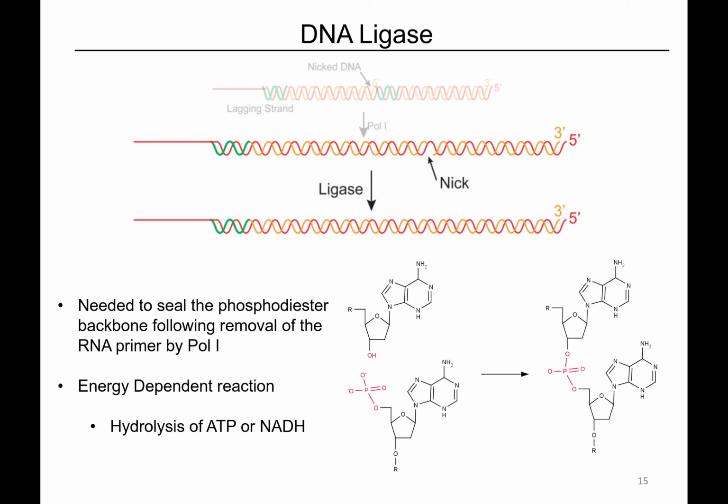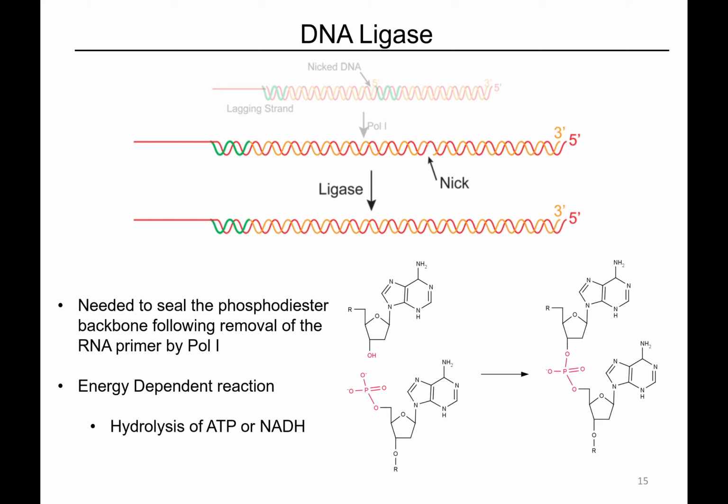So remember on the lagging strand, the Okazaki fragments, we always end up with breaks in the DNA chain. DNA ligase is the enzyme that catalyzes the repair of that break, the repair of that nick in the chain.